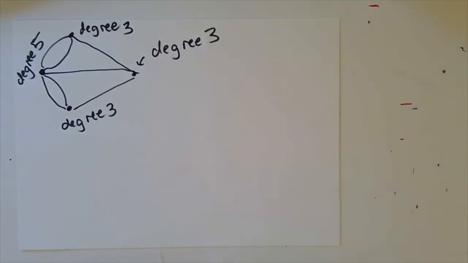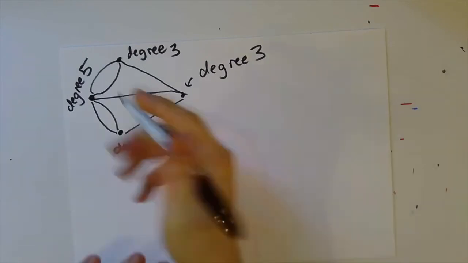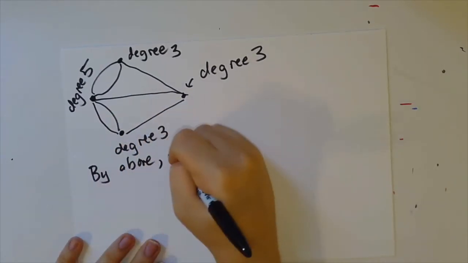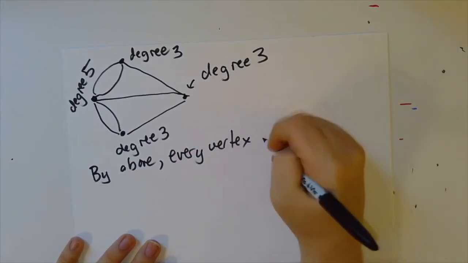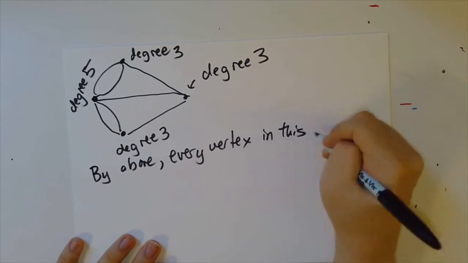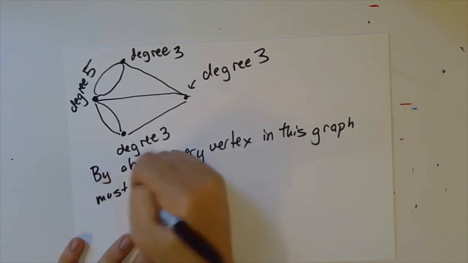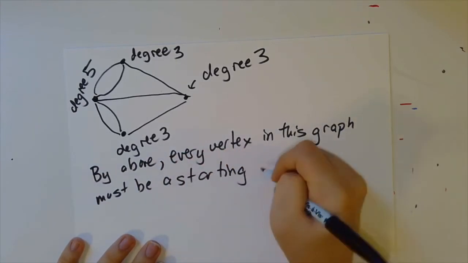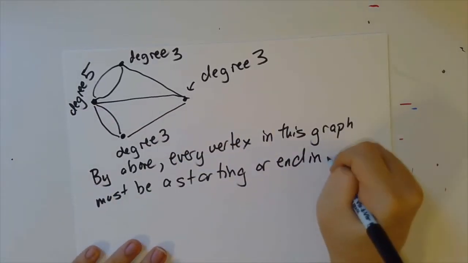So, by the above, every vertex in this graph must be a starting or ending vertex of some hypothetical Eulerian trail.